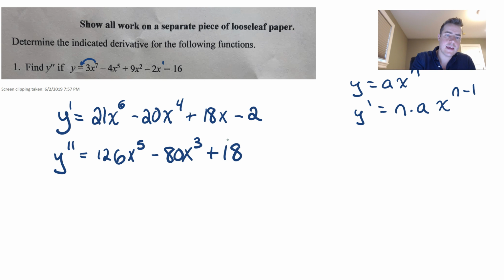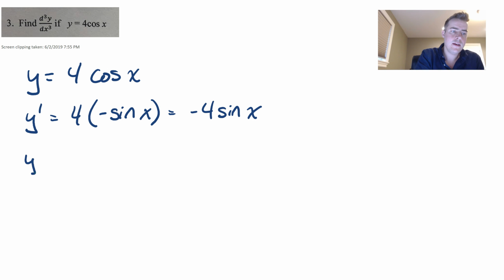So y equals 4 cosine x here. First things first, you're going to have to remember the derivative of cosine. Derivative of cosine is negative sine x. So this is really just negative 4 sine x. That would be the first derivative. Second derivative, we just take the derivative of that. Derivative of sine is just cosine.